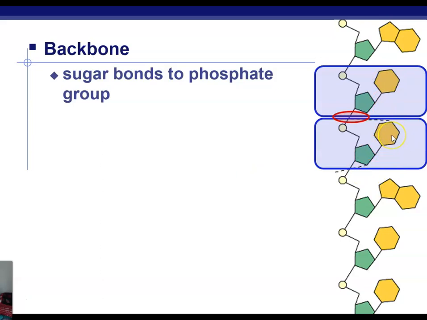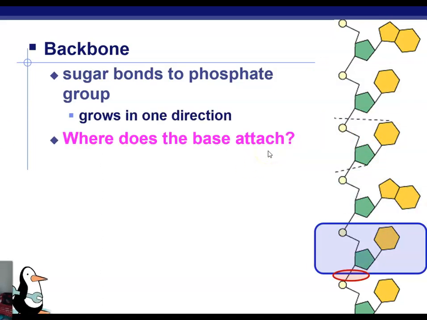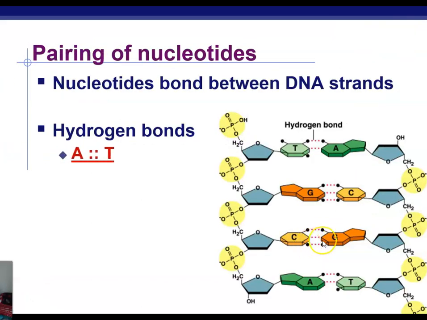That's the base. And the green is the sugar, and the little round circle is the phosphate group. Notice that the sugars on what we call the backbone are attached to the phosphate, and then our bases stick toward the middle. So then it looks like this.